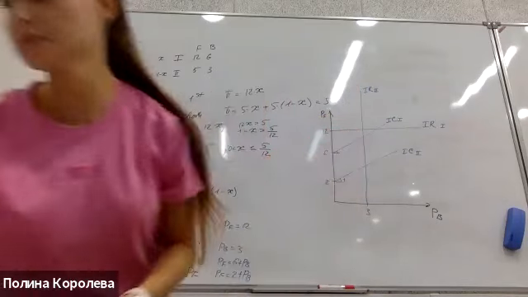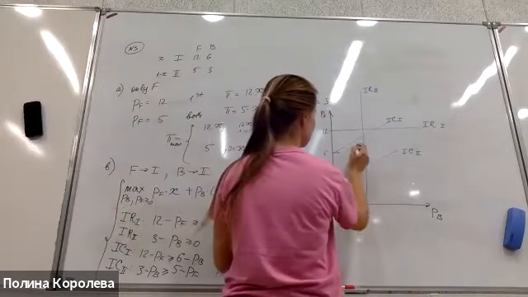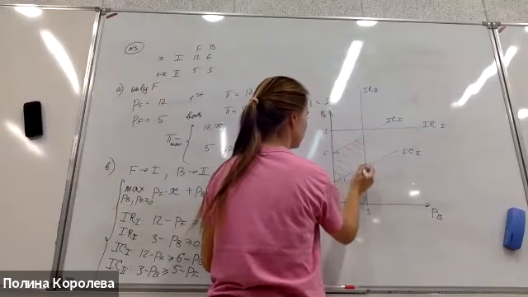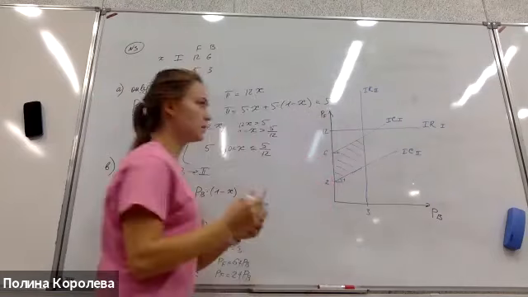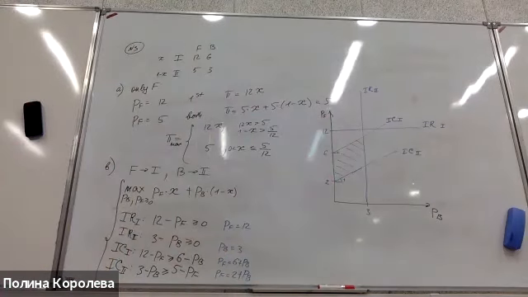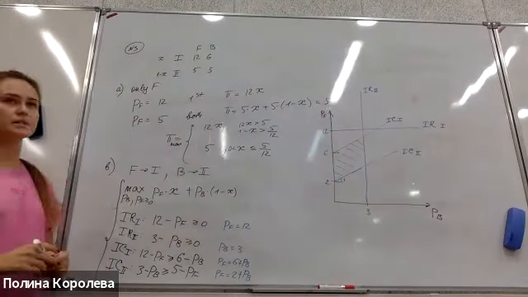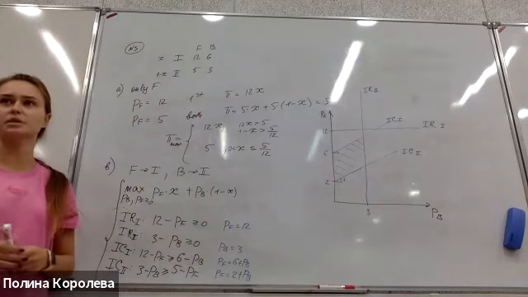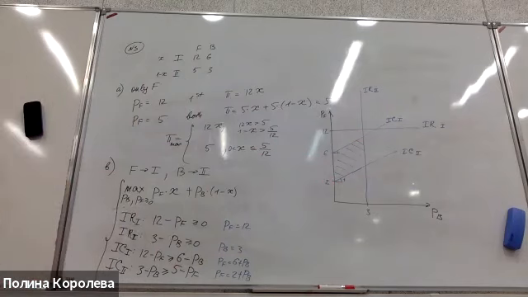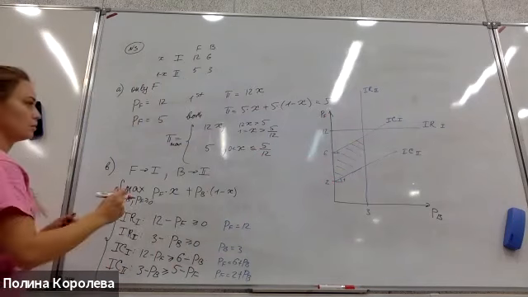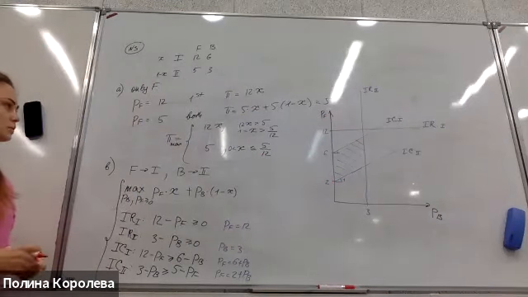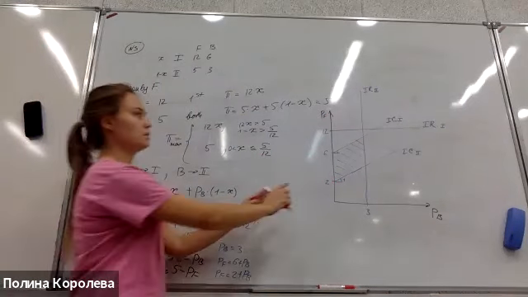So we will consider this area. And from here, we should decide on the prices that we will charge that will give us maximum profit. Which prices will it be? It will be a corner.